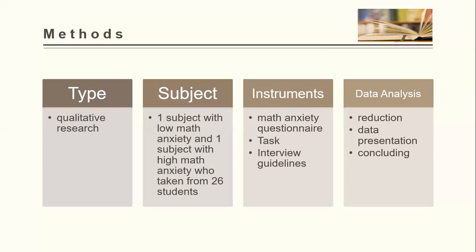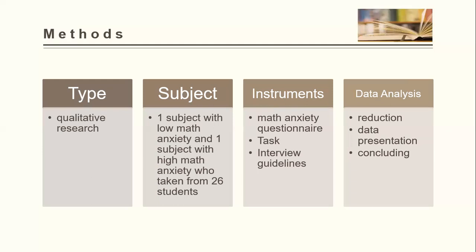And then the 26 students were given a mathematics anxiety questionnaire, and from the result of the questionnaire scores, the subjects were grouped into a group of students with low levels of mathematics anxiety and a group of students with high levels of mathematics anxiety.